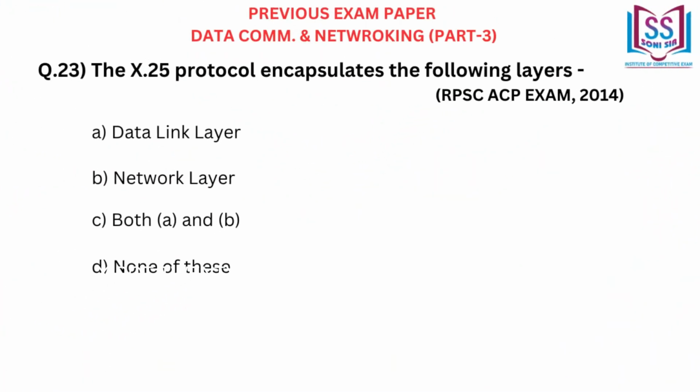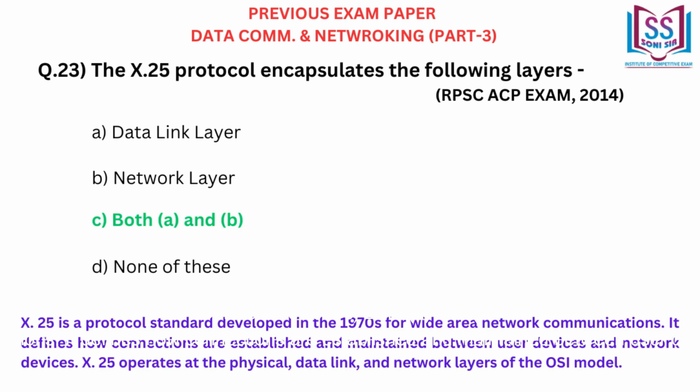The X.25 protocol encapsulates the following layers. A. Data link layer. B. Network layer. C. Both A and B. D. None of these. Correct answer C. Both A and B. X.25 is a protocol standard developed in the 1970s for wide area network communications.